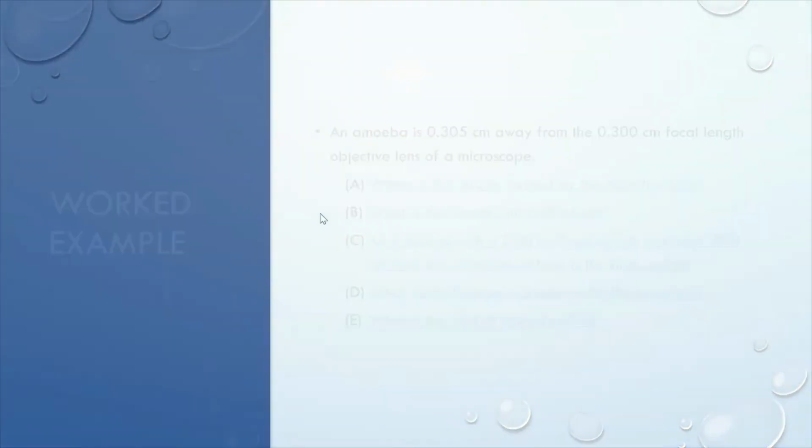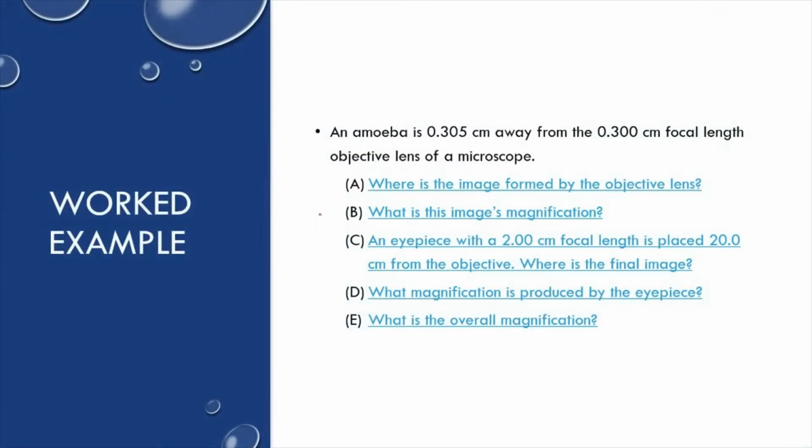Now let's continue to question B. What is this image's magnification? By the image's magnification, we mean the magnification of the objective lens only. So now let's calculate the magnification of the objective lens.